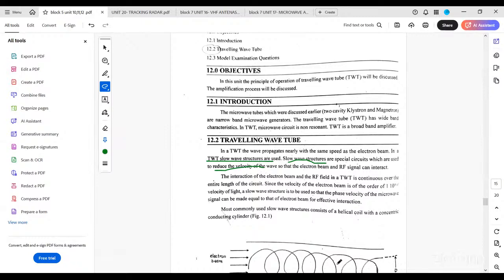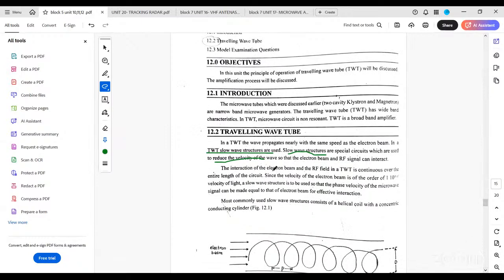Next, come to the second paragraph. Interaction of the electron beam. Which two are interacting here? One is the electron beam, another one is the radio frequency signal. The electron beam interacts continuously with the radio frequency field. But which speed is more? The radio frequency signal is more.